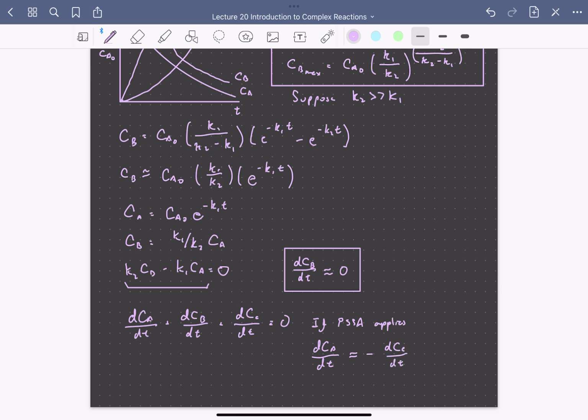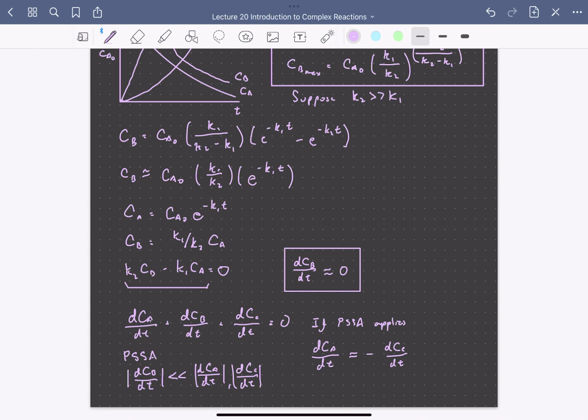So note here that a more precise definition of the pseudo-steady state approximation is that the magnitude of dCB dt is much less than that of dCA dt or dCC dt. So rather than it being precisely equal to 0, it's rather that this derivative with respect to time is much smaller than those of reactants and products.